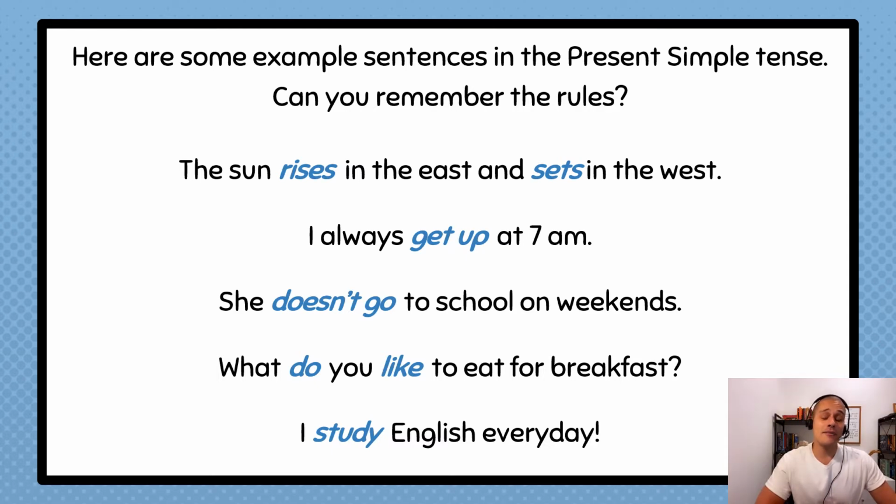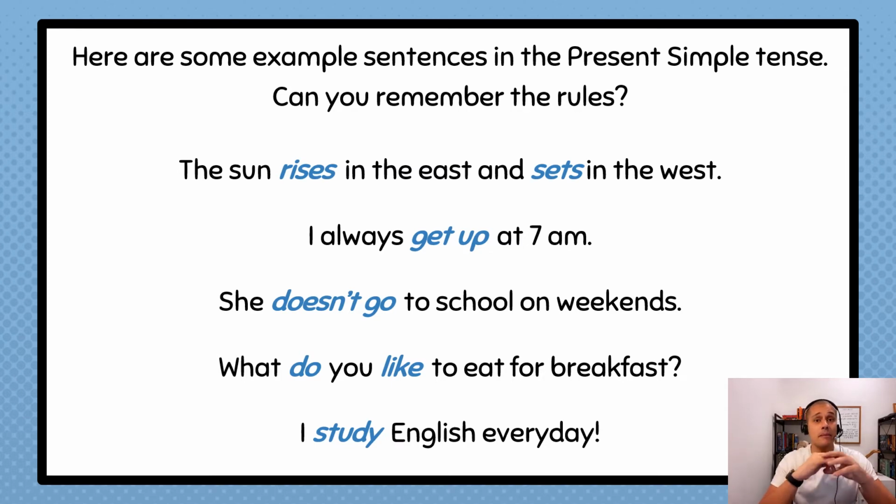Okay, and we have here a negative sentence. So that's why we have the presence of the auxiliary do. In this case, it does because we have the third person. She doesn't go to school on weekends. Number 4, we have a question. So we also have the presence of the auxiliary. So just recalling you, we are going to use the auxiliary verb do, and does for the third person.